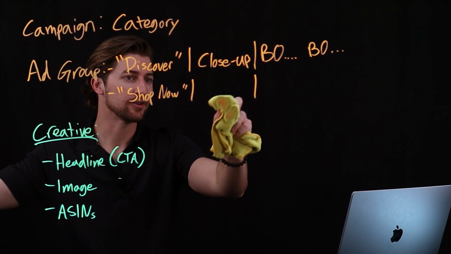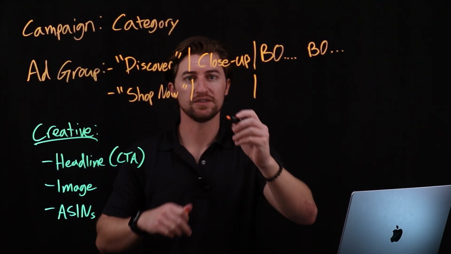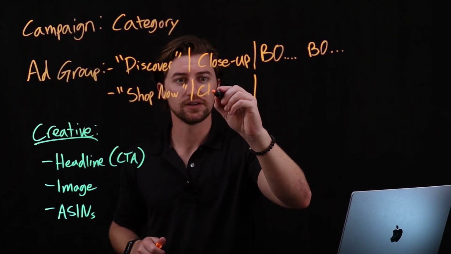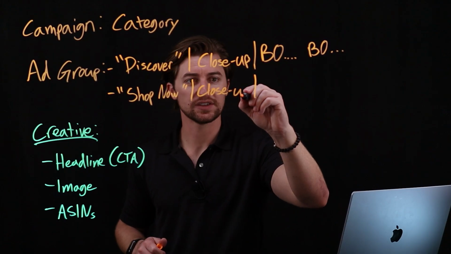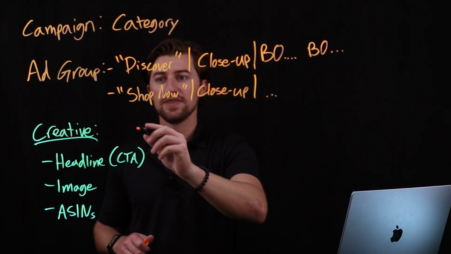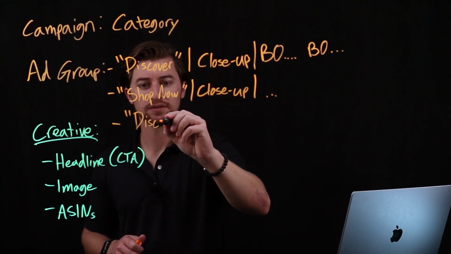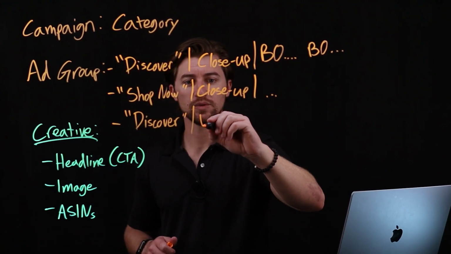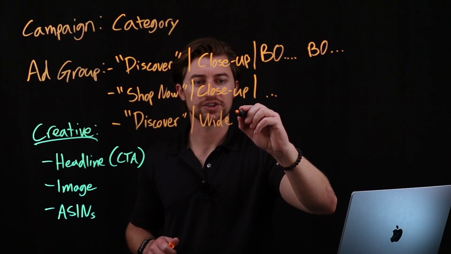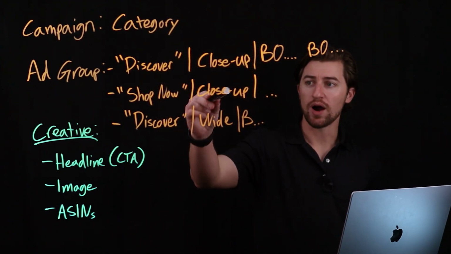If you had three ad groups going, then it would have worked sufficiently, because what I could have done, and actually maybe I will just write it down here, but we have our close-up once again, with our ASINs here. And then maybe we'll do one more where we're going to test discover. And this one is our wide shot. And then ASINs. So now we're properly testing.